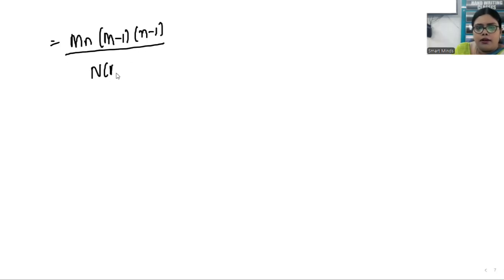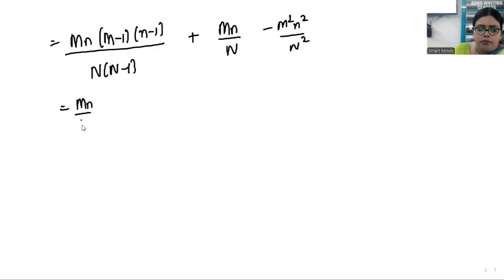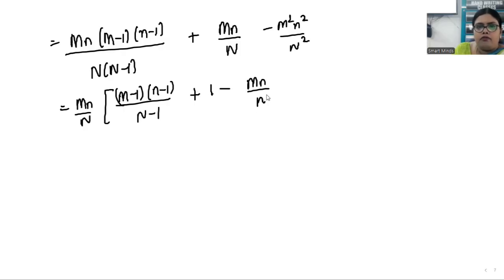Now how can you further simplify this? mn into m minus 1, n minus 1 by N into N minus 1 plus mn by N minus m square n square by N square. That is equal to mn by N into m minus 1 into n minus 1 by N minus 1 plus 1 minus mn by N. Why are we writing like this, 1 minus mn by N?